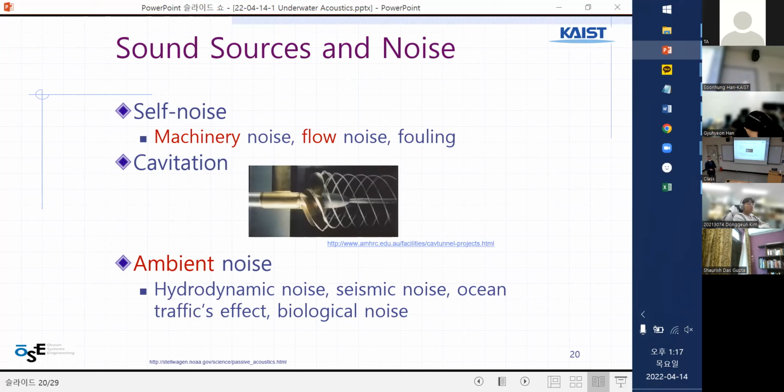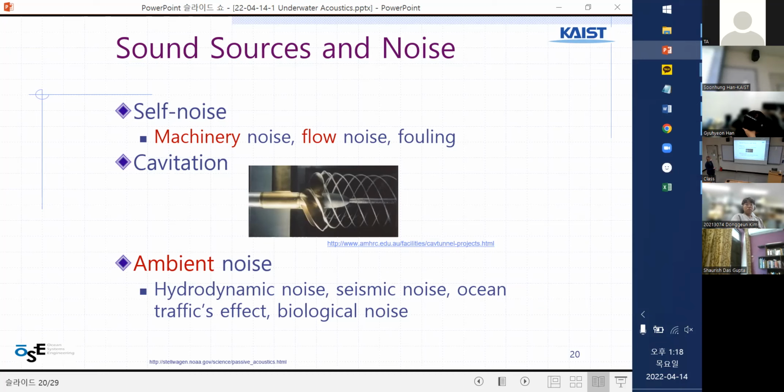And fouling can be on the skin of the ship. If the skin is very clean, then the sound can be at a lower level. But if the skin is not clean, it is dirty or has shells and something attached, then it can create more noise. That is what we call fouling.